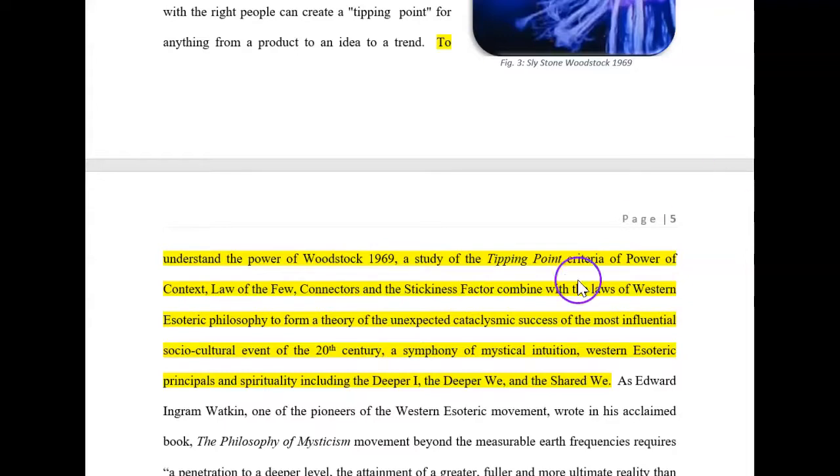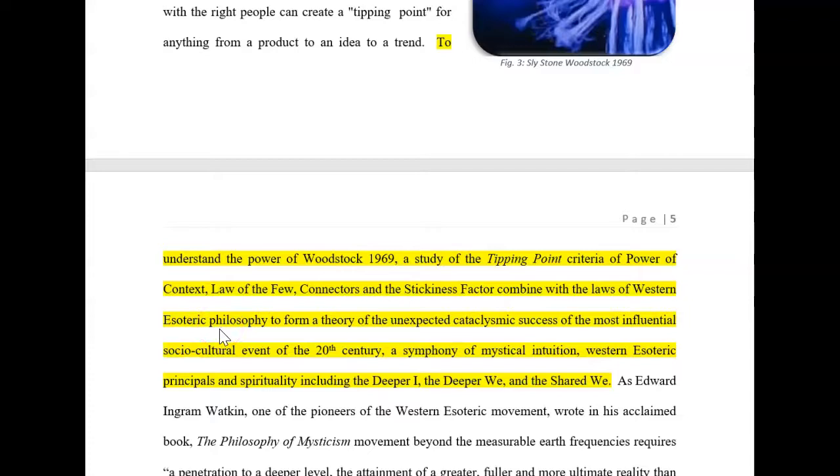First, they're going to learn about the festival itself, in case they didn't know about it. Next, they are going to see how the tipping point criteria proves that Woodstock was a cataclysmic event. And that is proved in three ways: the power of context, the law of the few, the connectors and stickiness factor, combined with the laws of Western esoteric philosophy.